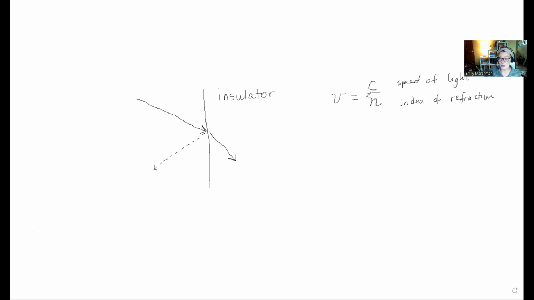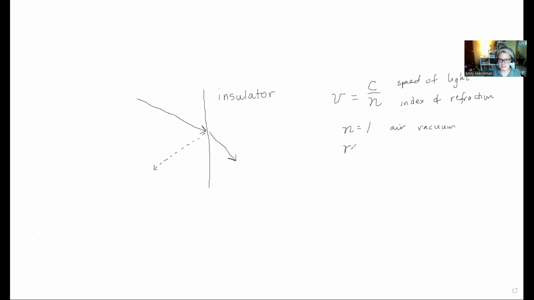In air or vacuum, where n is approximately equal to 1, the speed of the light is the actual speed of light, 3 times 10 to the 8th meters per second. But in other materials, the speed will be slower.